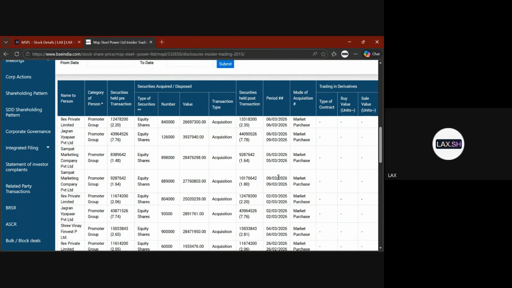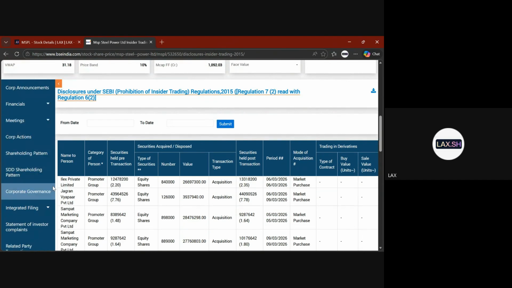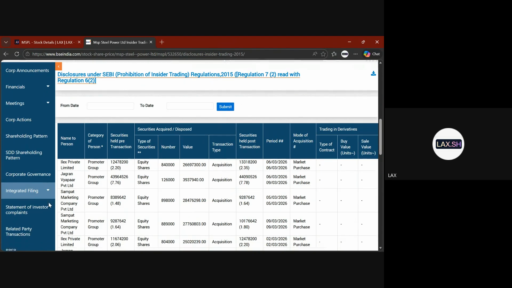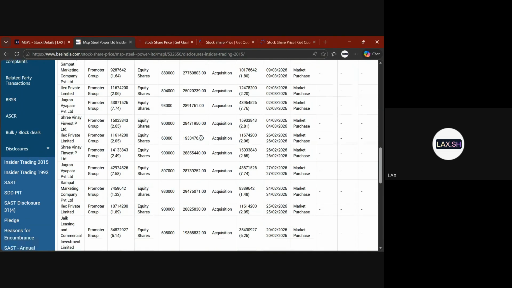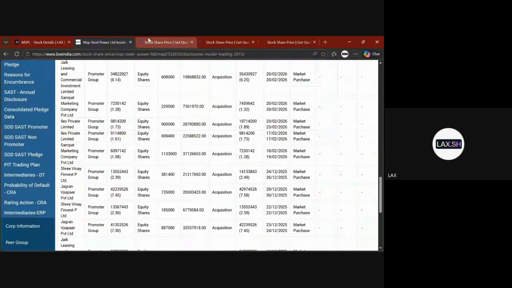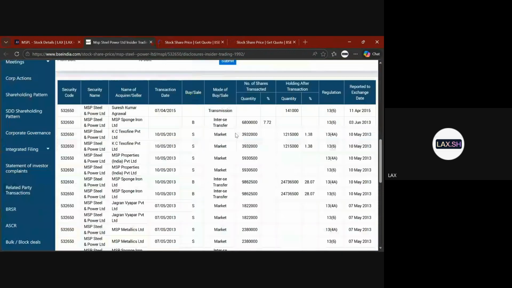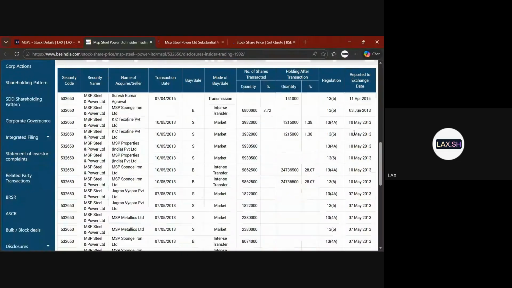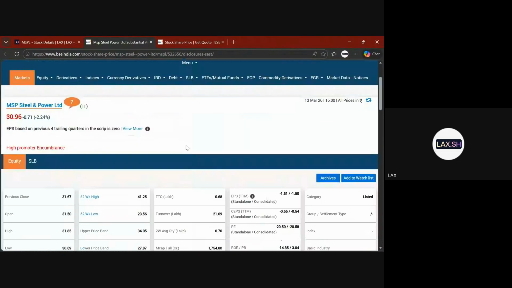What is going on? They are not reporting properly. This one I have already opened. This one I can. Okay. This one is just too old.